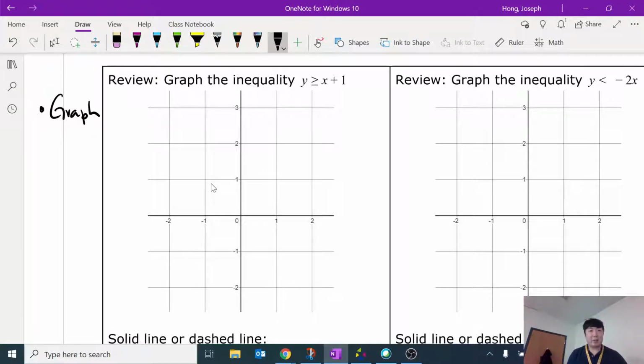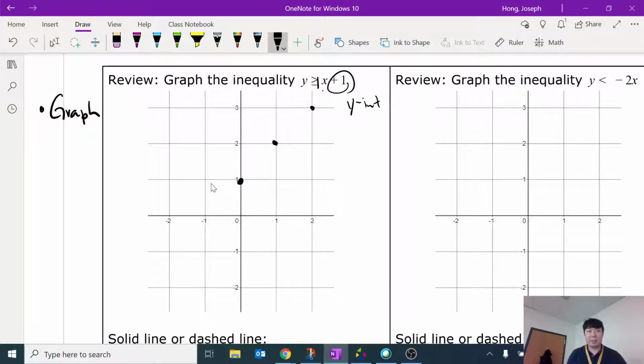And that's really important because how am I going to draw my line if I don't even know what my line looks like? So we start with the y-intercept, and then we just follow the slope, which is 1. So we go up 1, to the right 1, and then we just draw our line, like so.